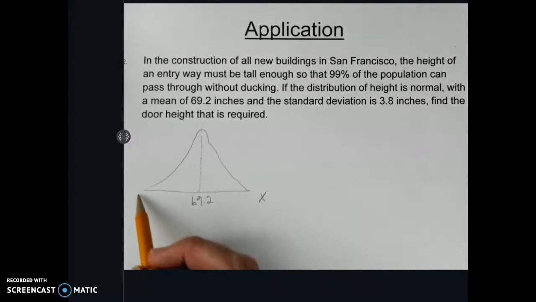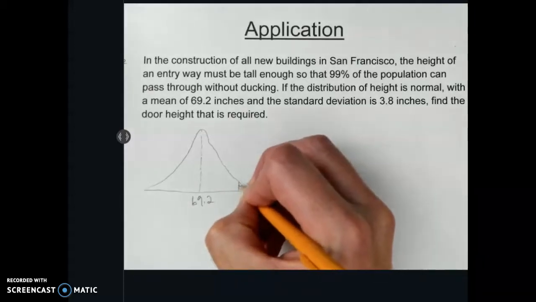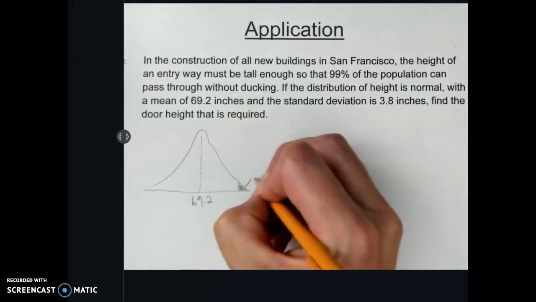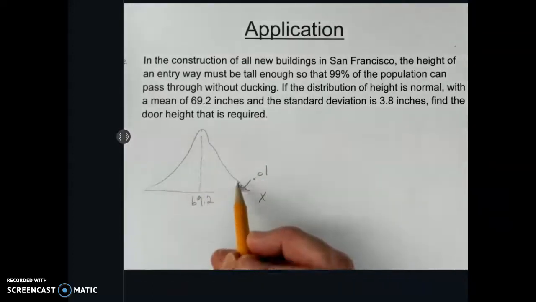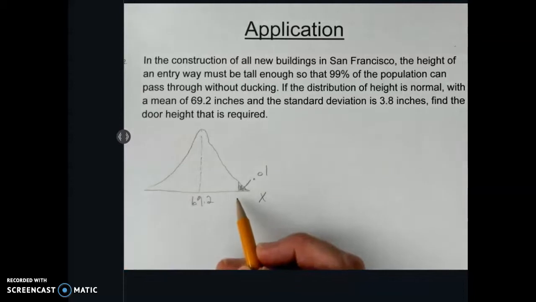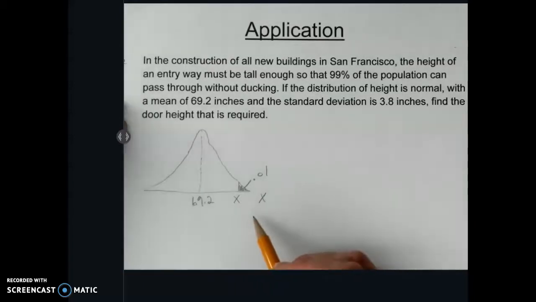So the shorter the door height, the less people would be able to pass through. As we move towards higher door heights, we start to accommodate a larger fraction of the population, which tells us that we need to have an upper tail here of 1%, 0.01, meaning that 99% would be here in the lower tail. But we don't know what that value is. We've got to find that, and we're going to do that by standardizing.